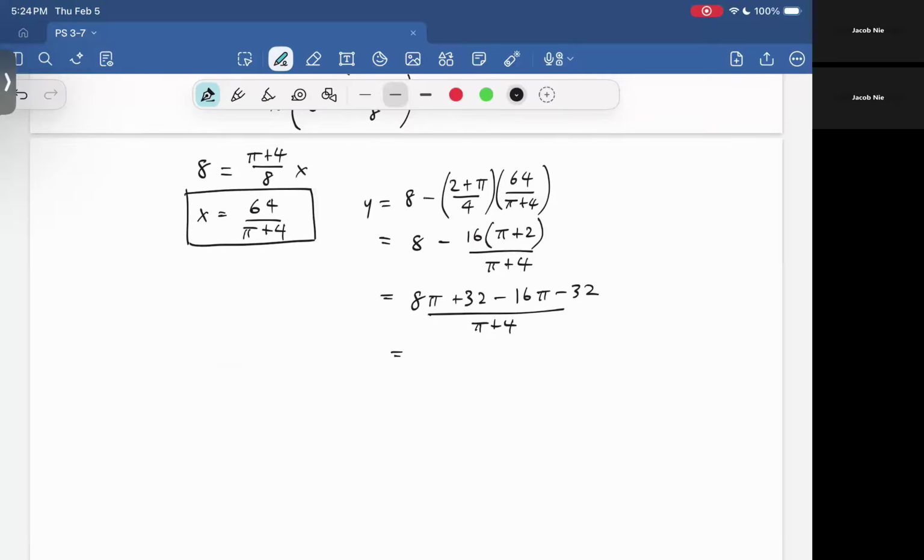Which will give us, oh no, a negative number.